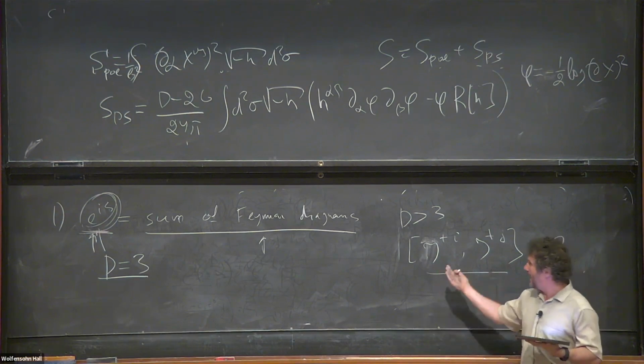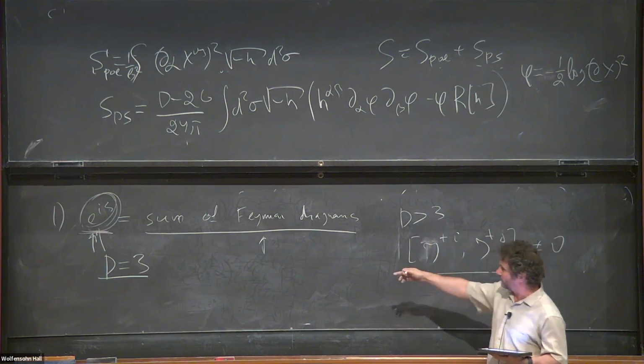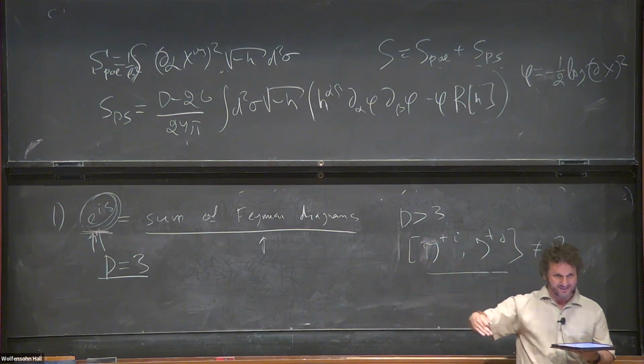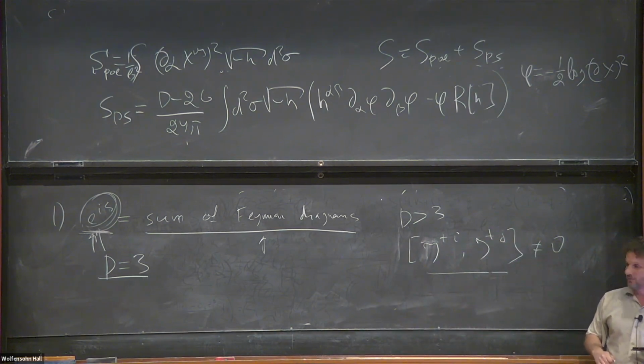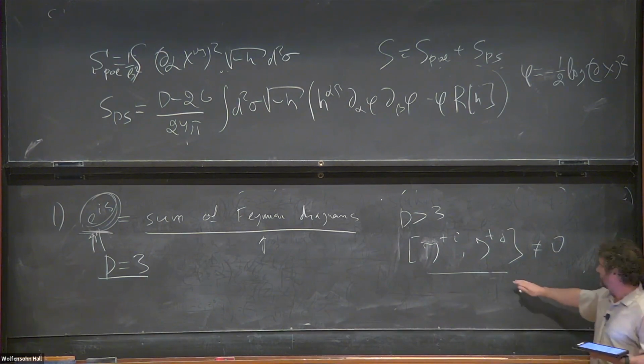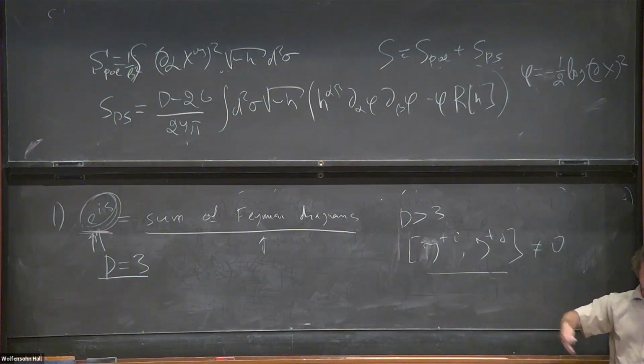And then, so now I'm talking about really short strings, they went ahead and tried to study this theory. And what they found is that, for instance, they calculated the helicities of the states which one gets in this theory.